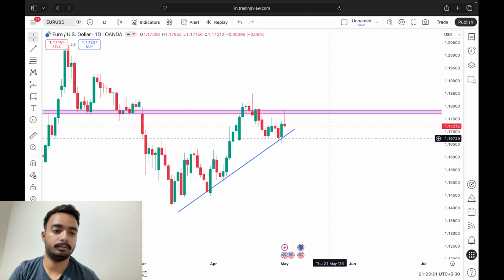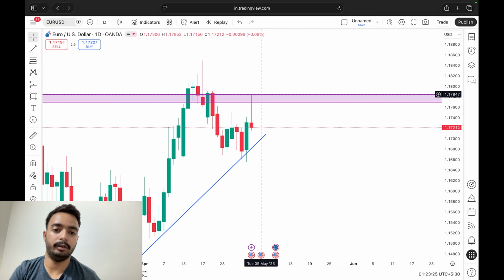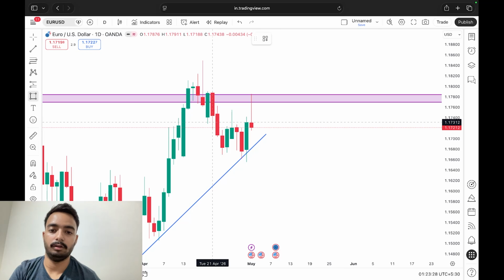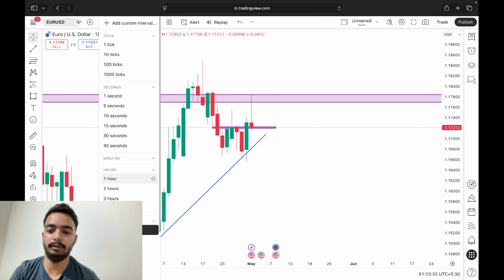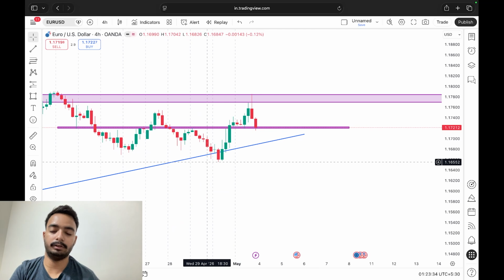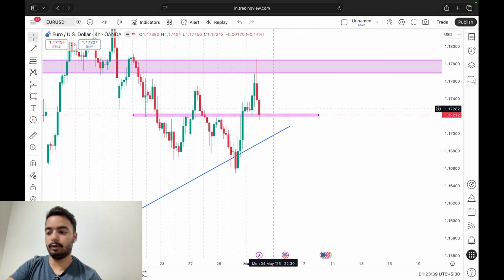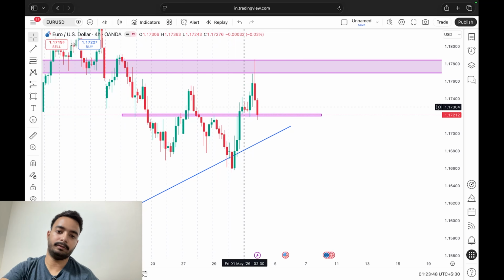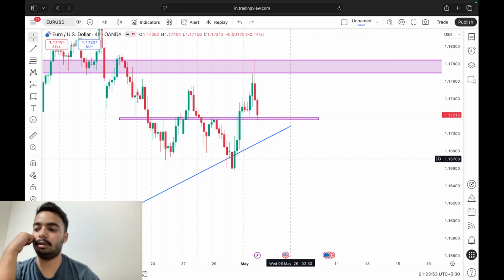We also saw the breakout of this resistance, but the price wants to test that resistance first, and on the 4 hour time frame price is holding above support, this.